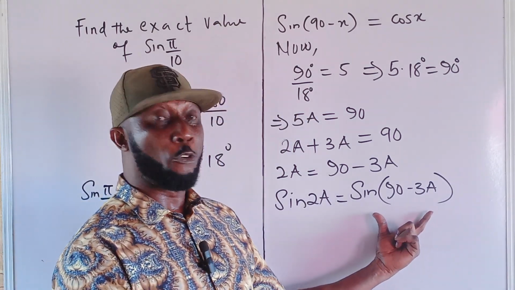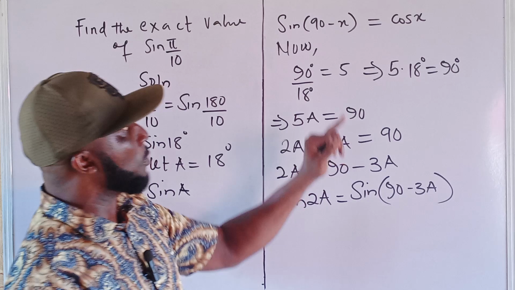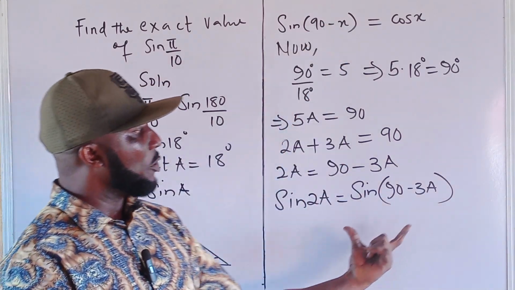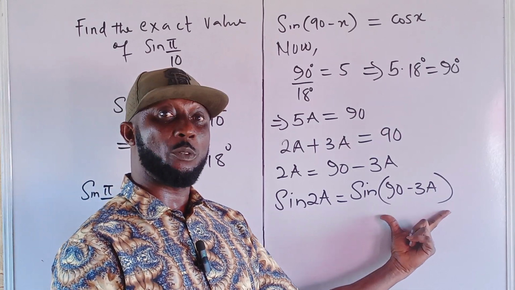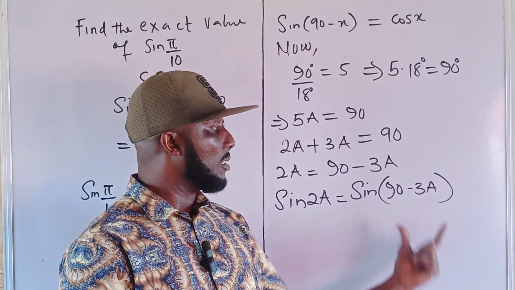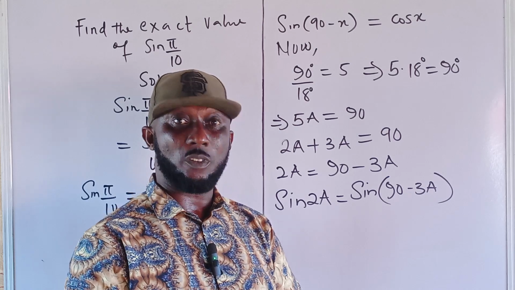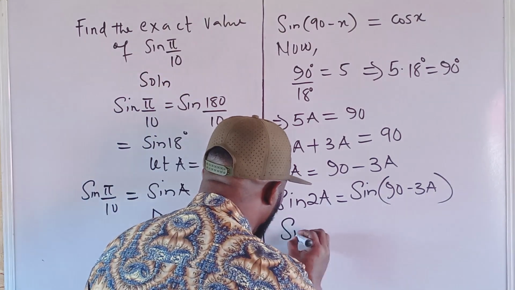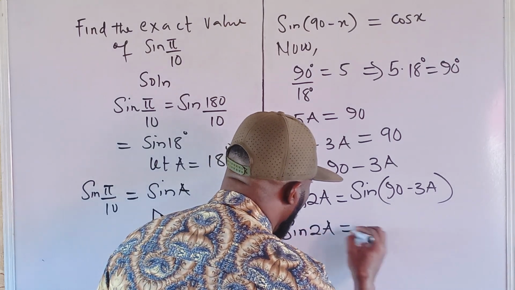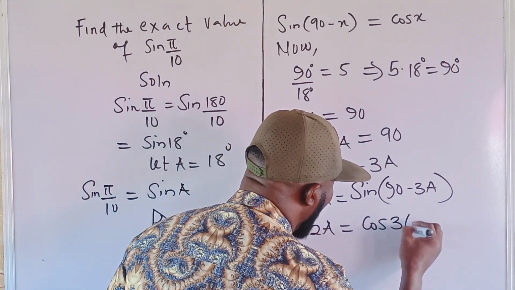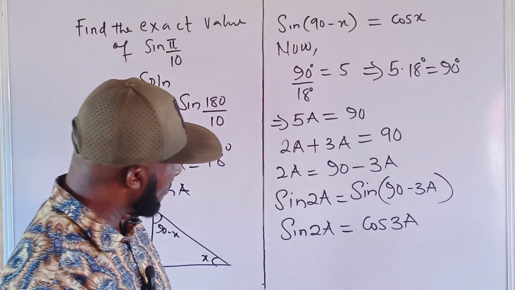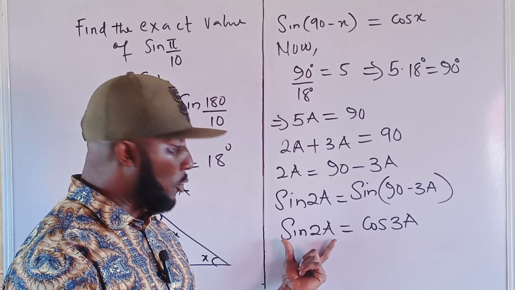Now, from the complementary angle property that we have here, you can see that the sine of angle 90 minus 3A is actually equal to the cosine of angle 3A. That's the punchline. So I'll write the sine of angle 2A equal to the cosine of angle 3A. Now from the addition formula, sine 2A is a double angle.